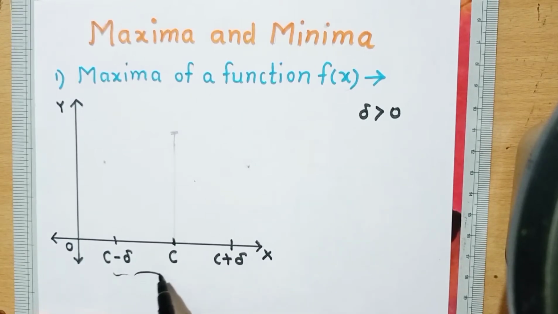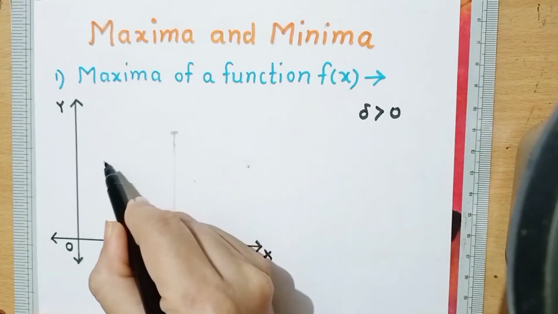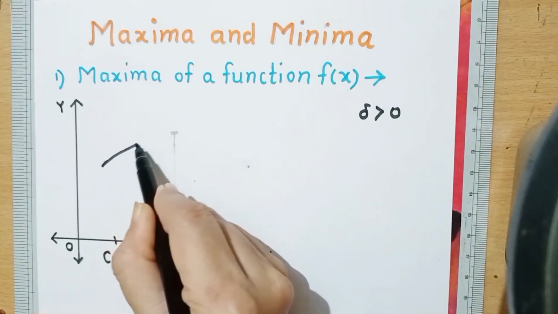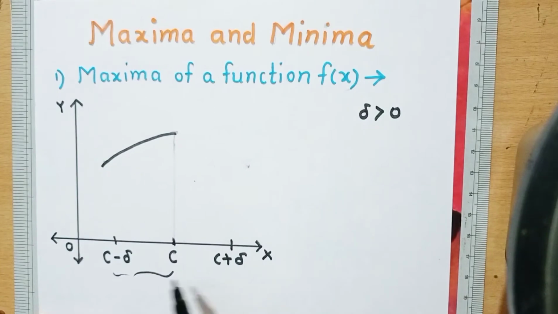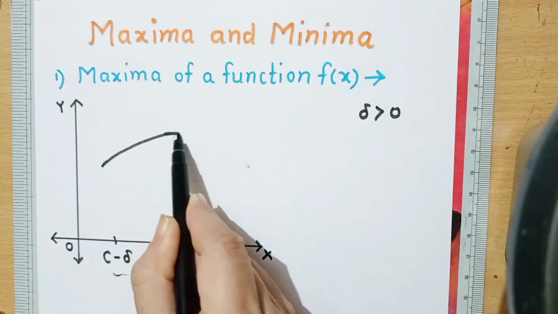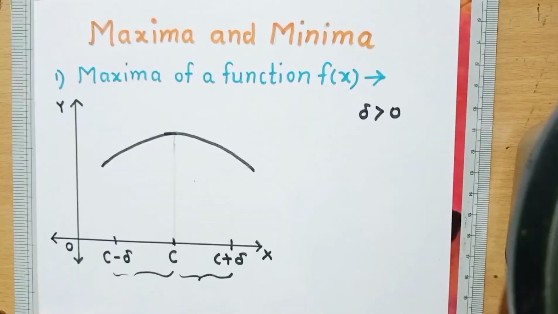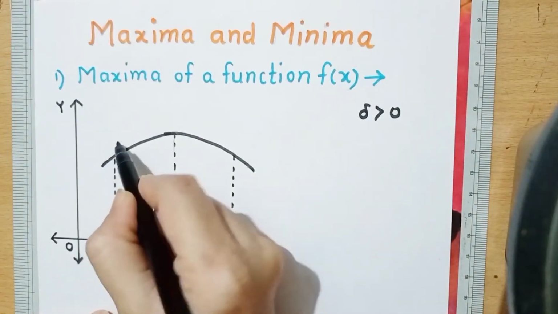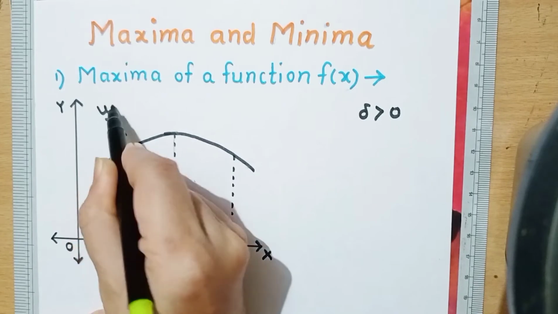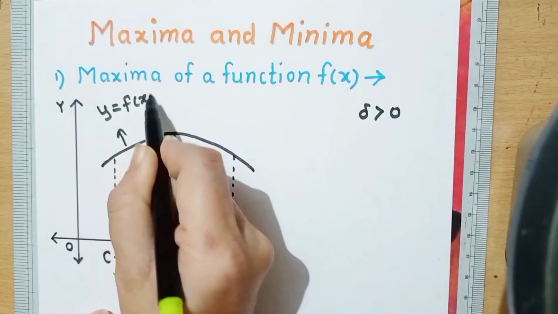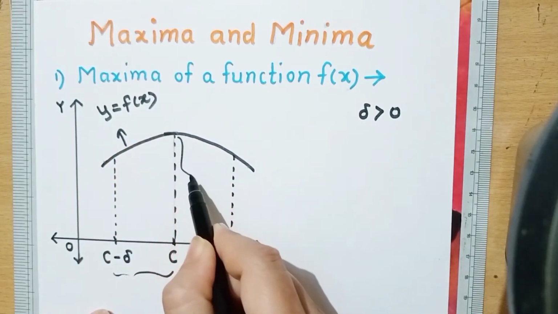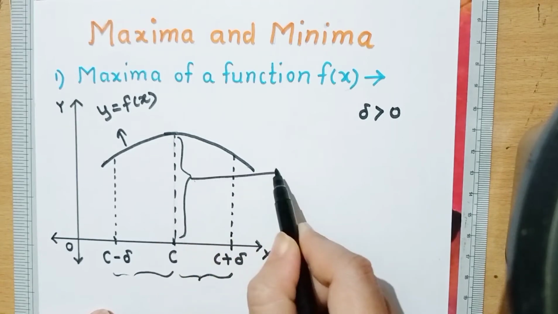Now in this interval we will draw the curve which is increasing, and in this interval we will draw the curve which is decreasing. This is the y is equal to f(x) curve, and this much distance is f(c).